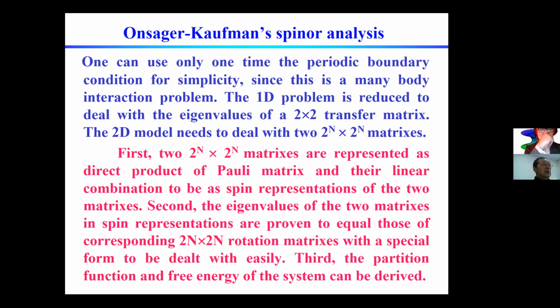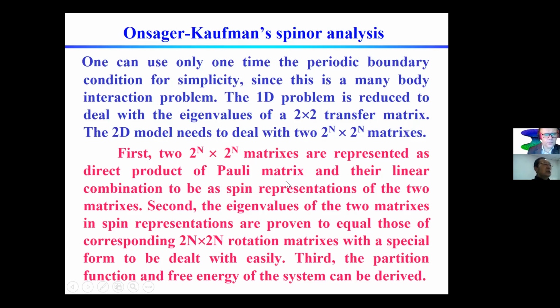Then the 1D problem is reduced to dealing with the eigenvalues of 2 by 2 transfer matrices. So it is very simple. But for the two-dimensional system, it is very complicated. We need to deal with transfer matrices of much larger size. The size is 2^n times 2^n.